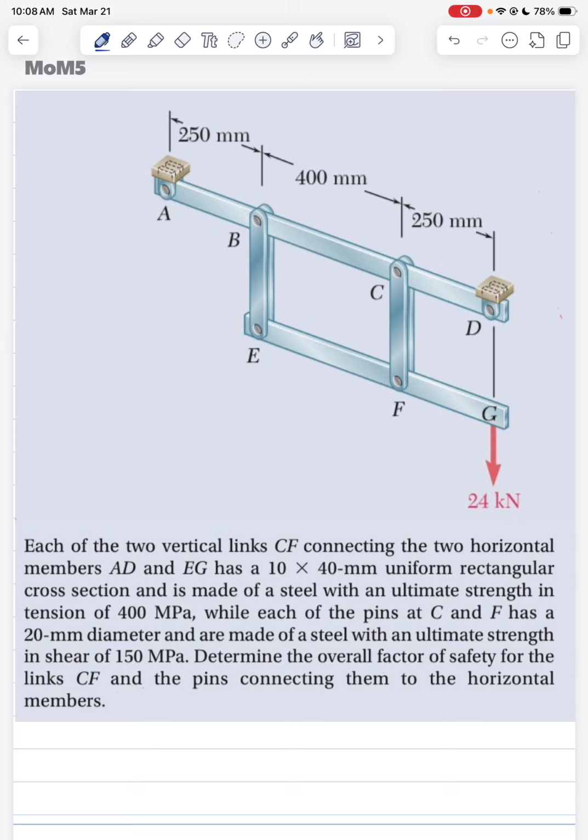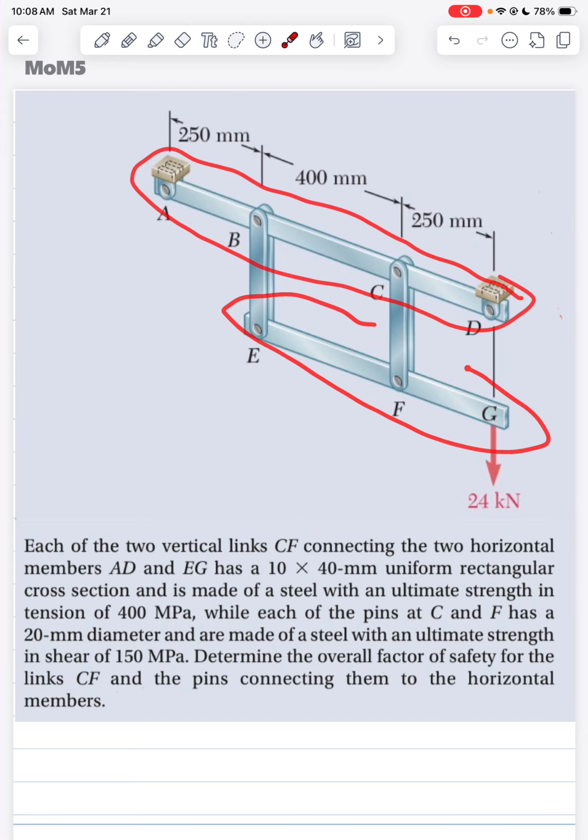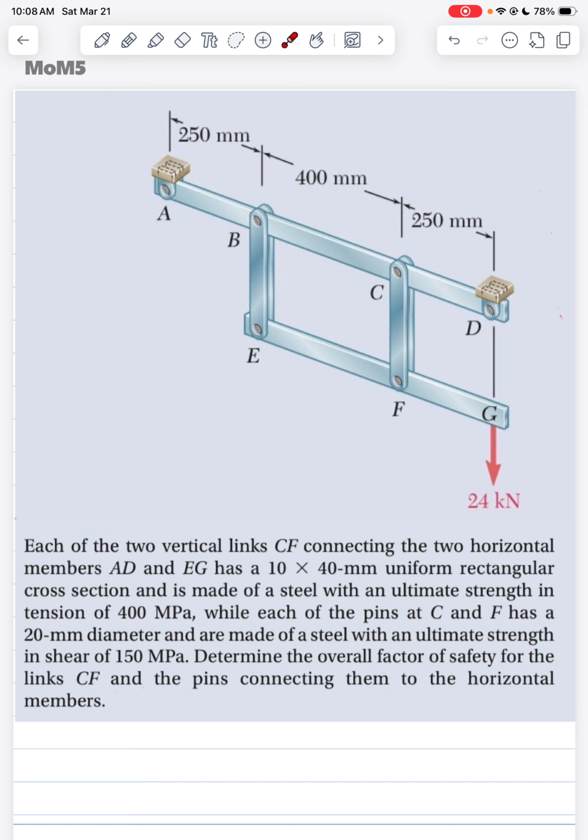So the problem says: each of the two vertical links CF, there are two links here, connecting two horizontal members AD and EG, has a 10 by 40 millimeter uniform cross section and is made of a steel with ultimate strength in tension of 400 MPa, while each pin at C and F has a 20 millimeter diameter and is made of steel with an ultimate strength in shear of 150 MPa.